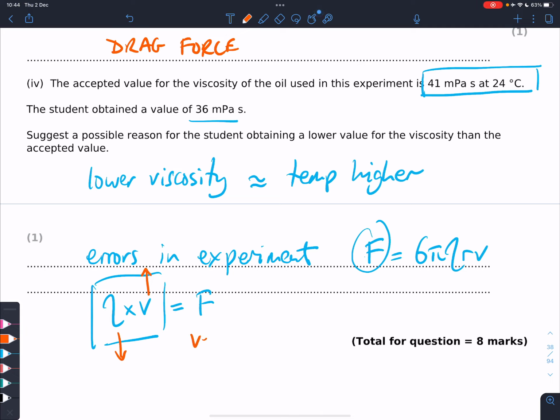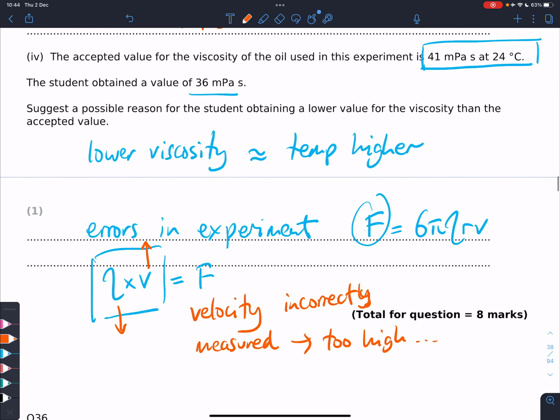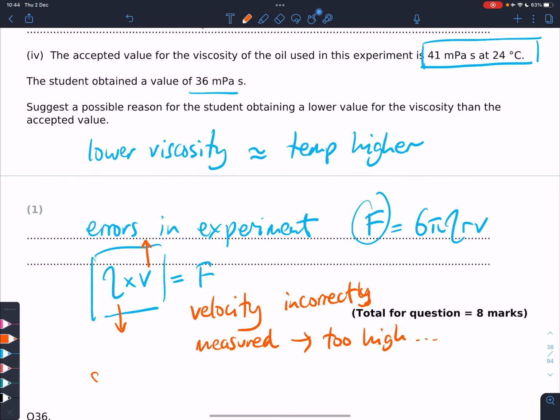So you might have measured velocity incorrectly. He might have had the velocity too high because the time was too short. Maybe he started the timer late.